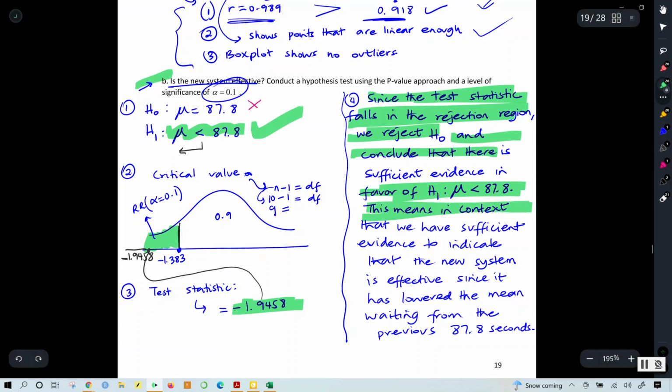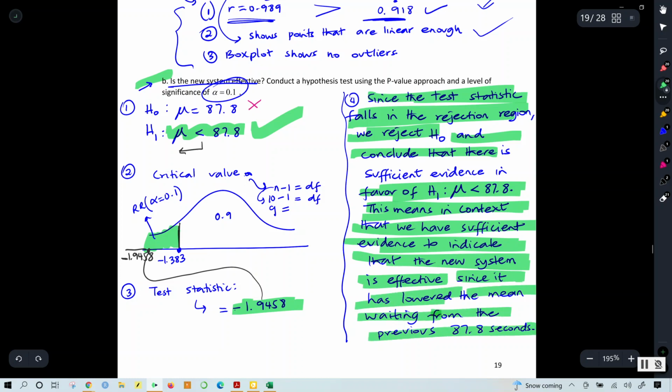In the context of this problem, that means we now have sufficient evidence to indicate that the new system is effective since it has lowered the mean waiting time from the previous 87.8 seconds.